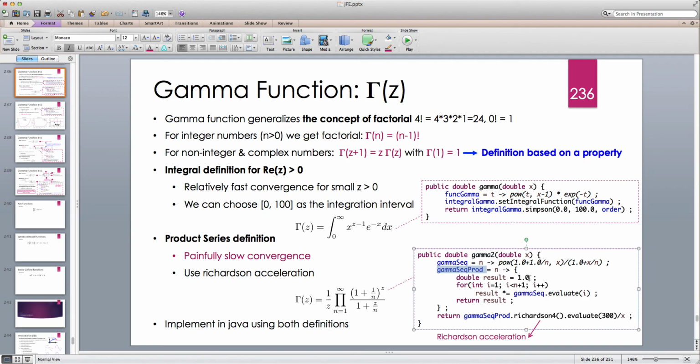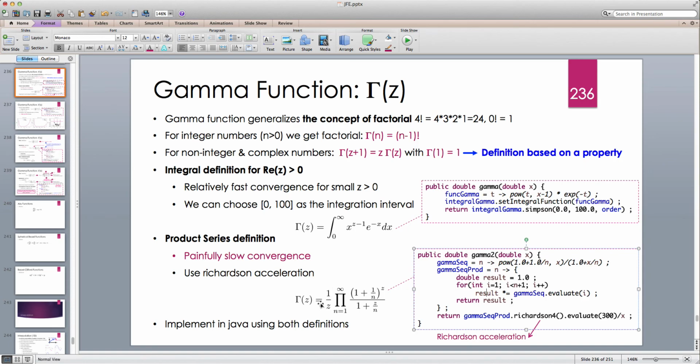So n goes, I start from 1, from 1 to n, i plus plus, result, gamma sec, evaluate at i. I didn't really need to define this sequence. I could just put this on the right hand side here, right? So we can do that. So this sequence returns the product of these terms from 1 to n, and then we Richardson it.